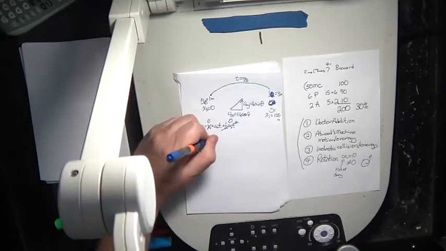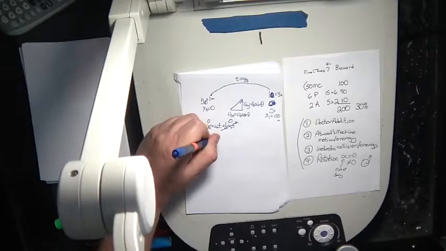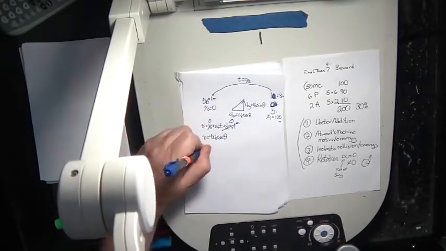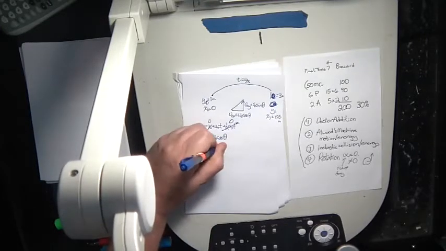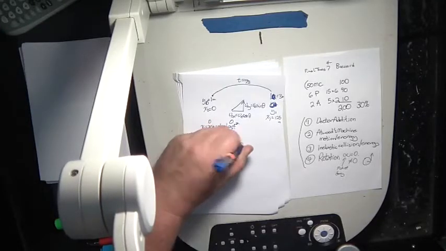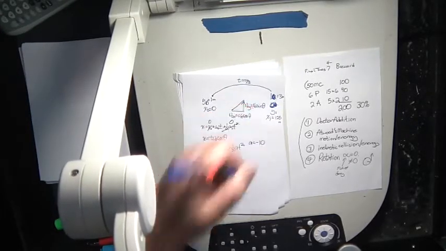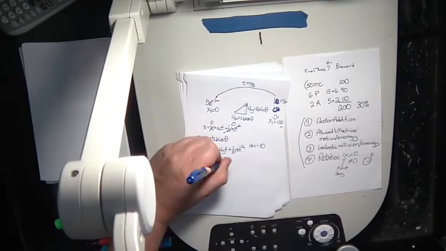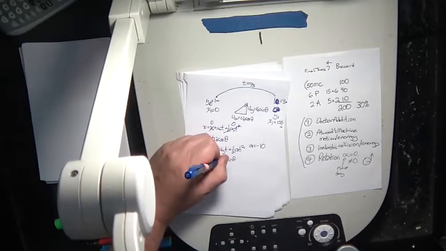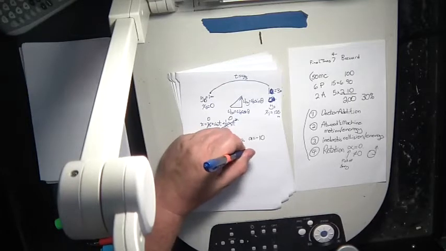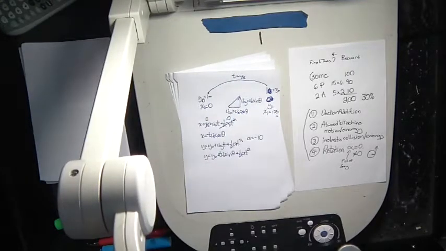So X is T V naught cosine theta. Y equals Y naught plus V naught Y T plus 1/2 A T squared. A is -10. Y equals Y naught plus V naught sine theta T plus 1/2 A T squared. Now I need to identify what I know and don't know.